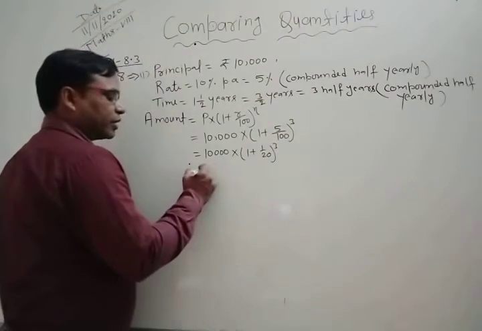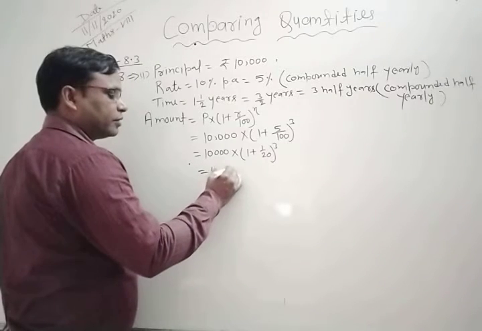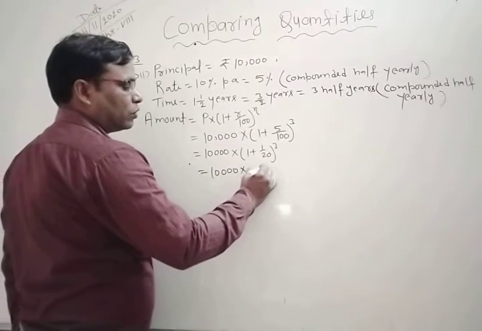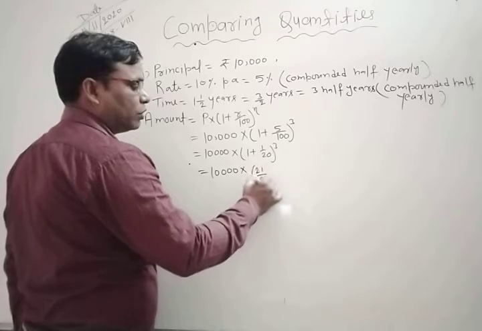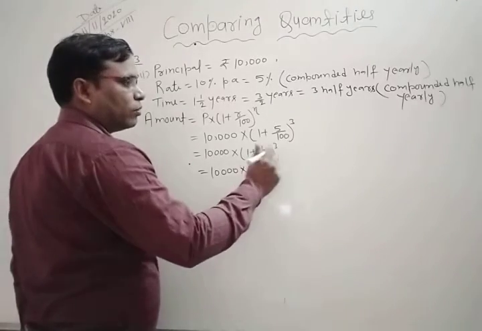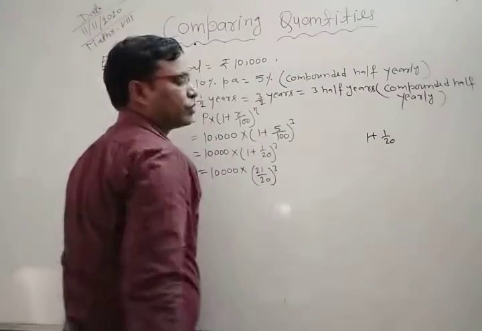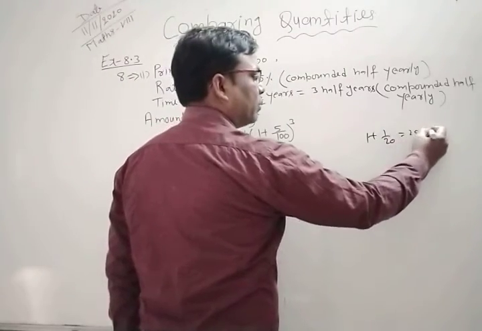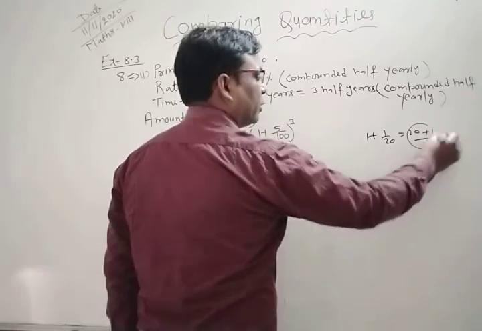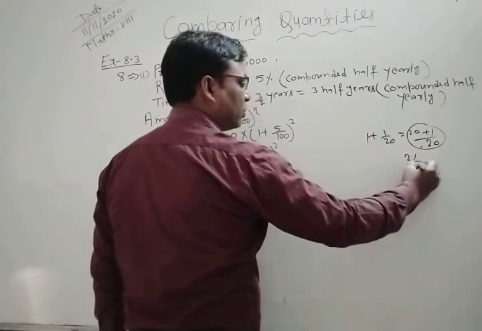Clear? So again this is equal to 10,000 into (21 by 20) to the power 3. 1 plus 1 by 20, you can write it as 20 plus 1 by 20. It will become 21 by 20.